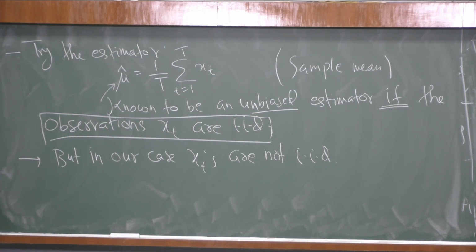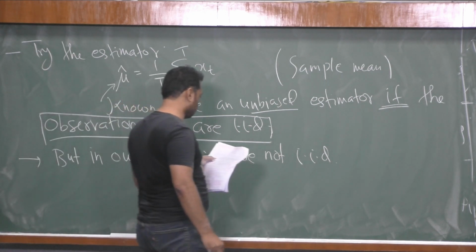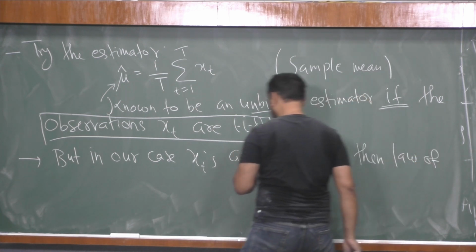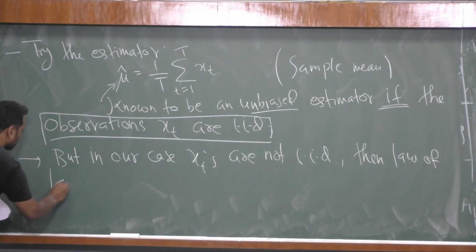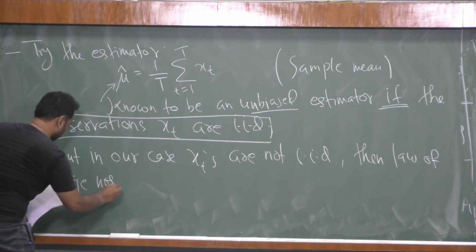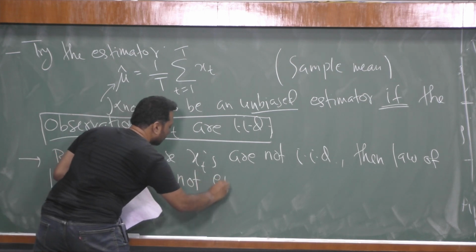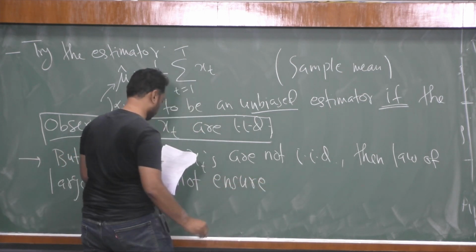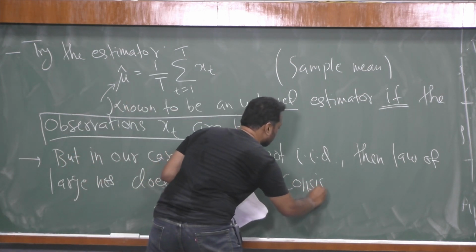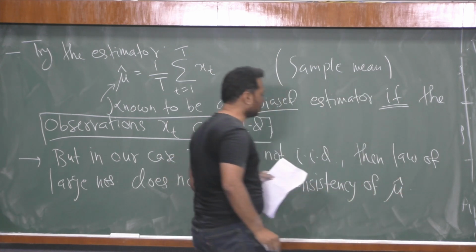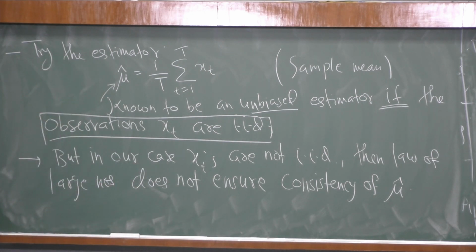So since xt in our case are not IID, the law of large numbers does not ensure consistency of our estimator mu hat. It may not be a consistent estimator.